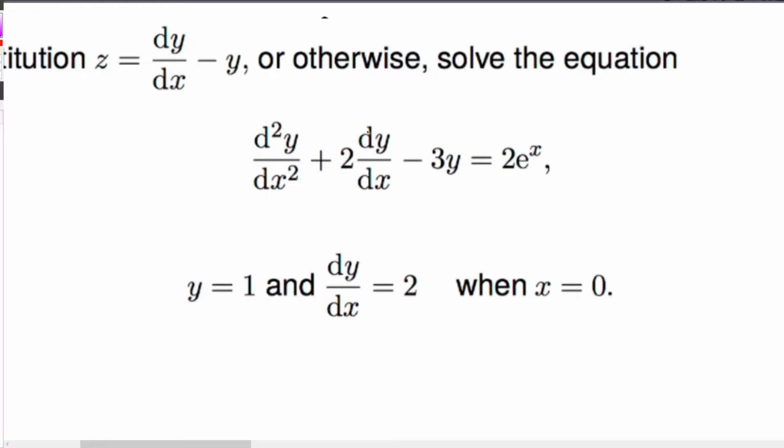Now, what does this kind of look like? You may not have seen an equation like this before, but it is in fact something called a second-order linear differential equation. It's kind of like the quadratic of differential equations.